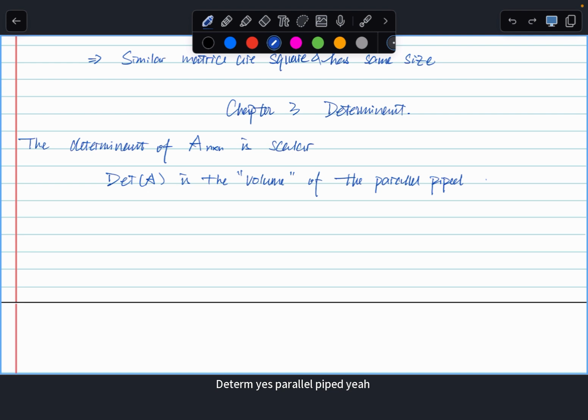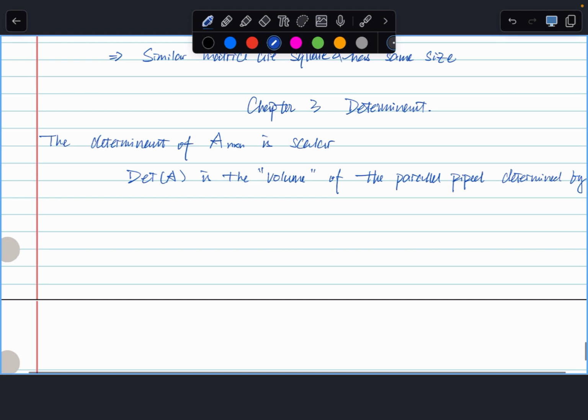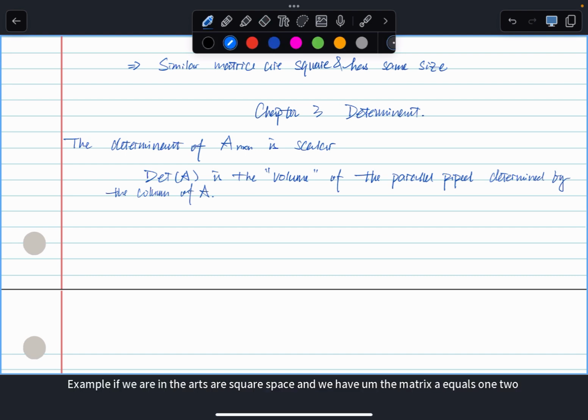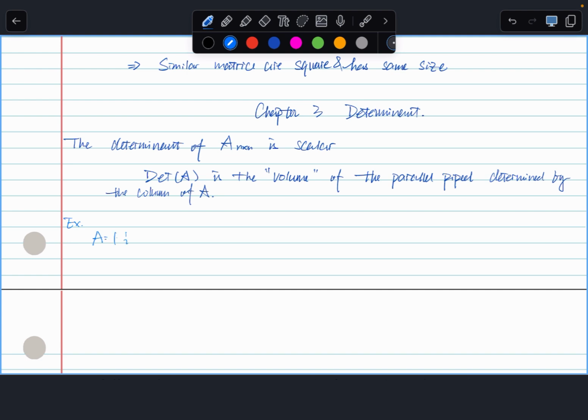Oh, okay. So that means, for example, if we are in the R squared space, and we have the matrix A equals 1, 2, 0, 4.